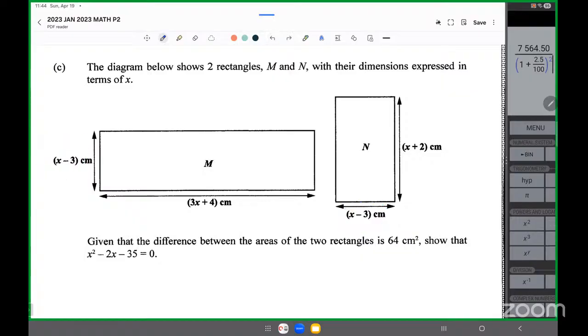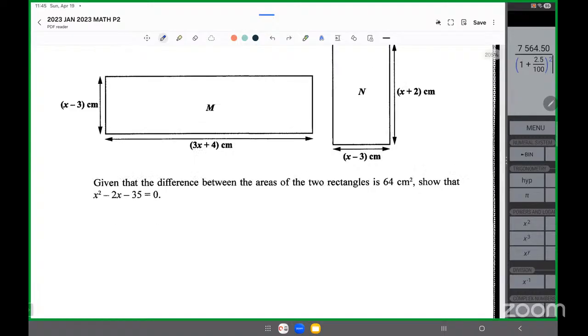It says, given that the difference of the two areas is 64, show that this expression is the result. So we need to write an expression for the difference of the two areas, put it equal to 64, and then reduce it down to this.